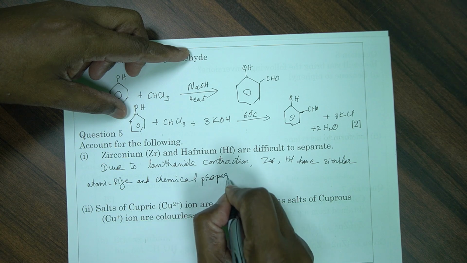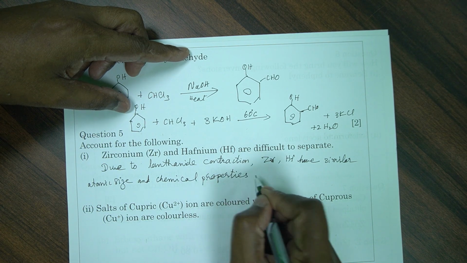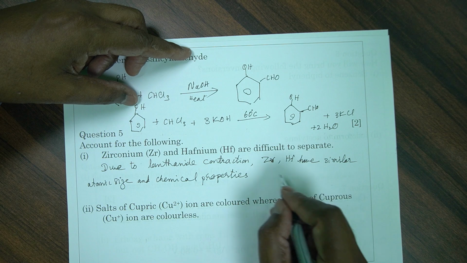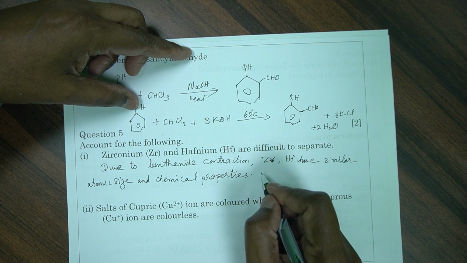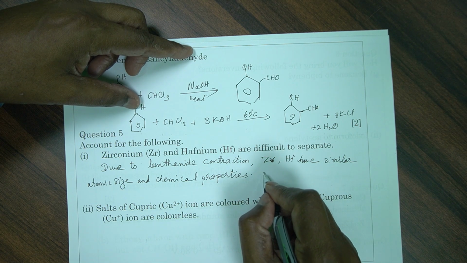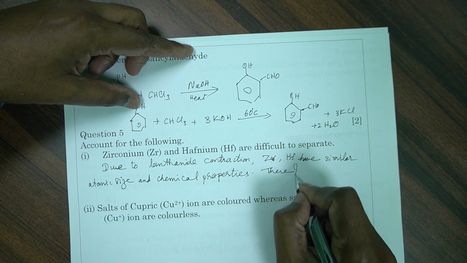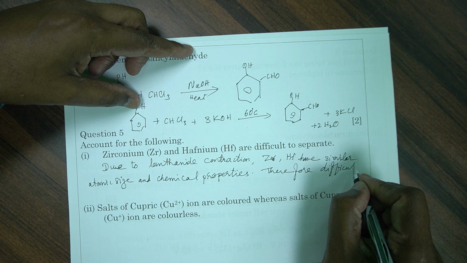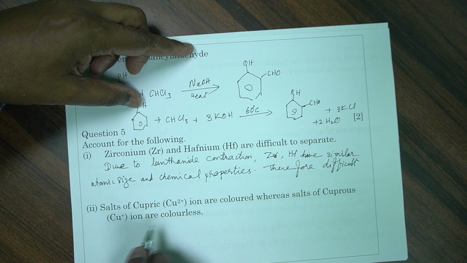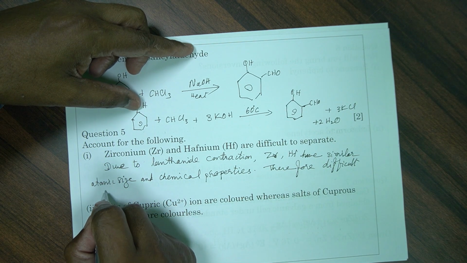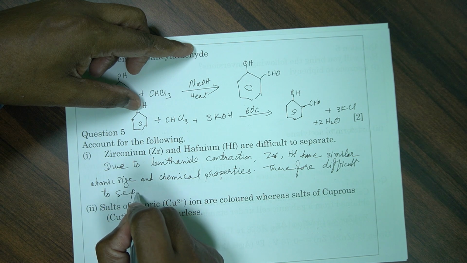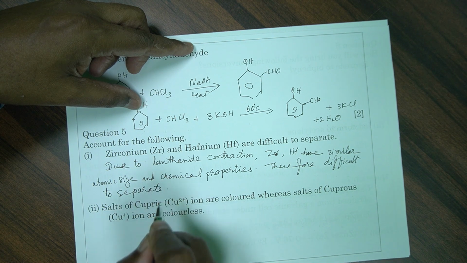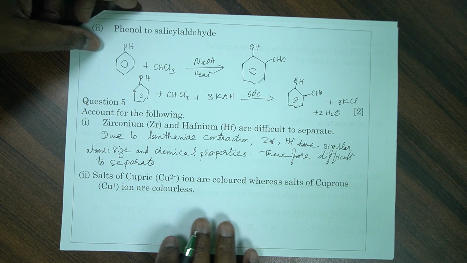So if zirconium reacts, hafnium also reacts. So the reactions are same. Therefore they are difficult to separate. Atomic size is also same and reactions are also same. Okay, difficult to separate. So that is the reason for that.